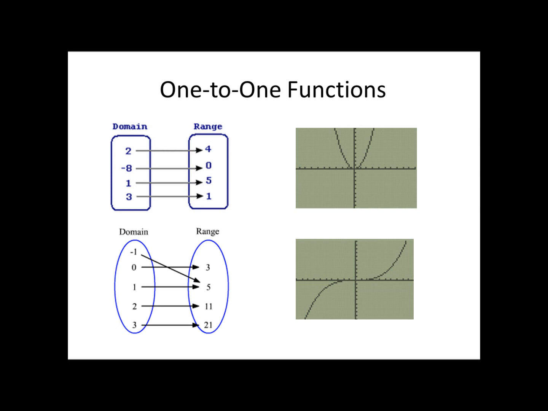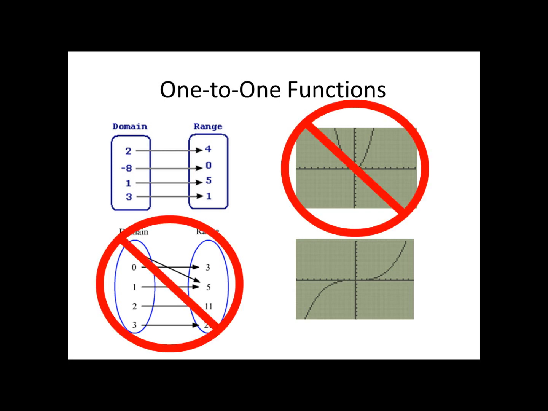In the bottom mapping diagram, both the -1 and the 1 value in the domain point to the range value 5. So that is not a one-to-one function. Looking at the graphs, they're both functions, they both pass the vertical line test, but they're not one-to-one functions. We can see that a couple x values create the same y value. So those are not one-to-one functions.